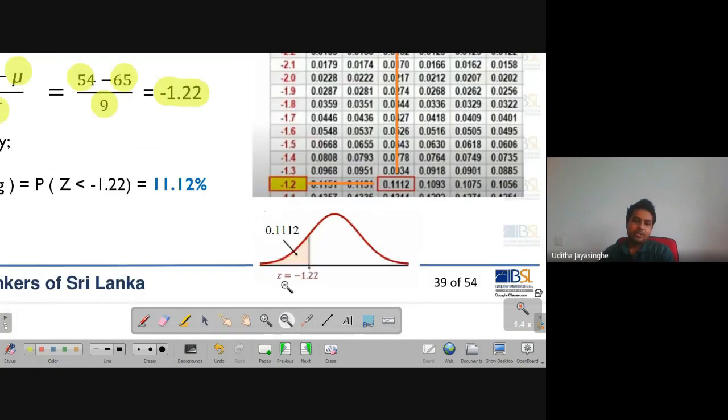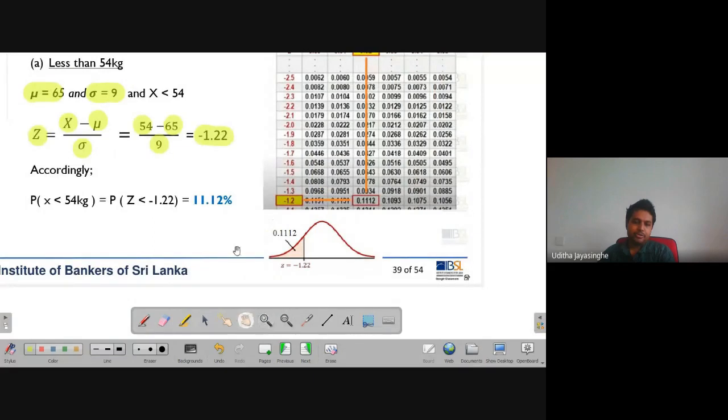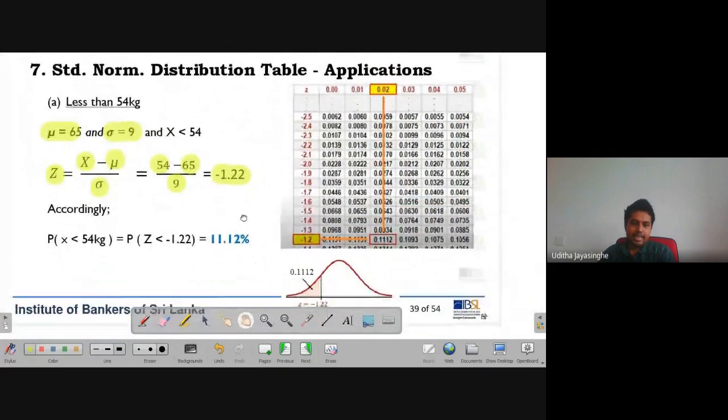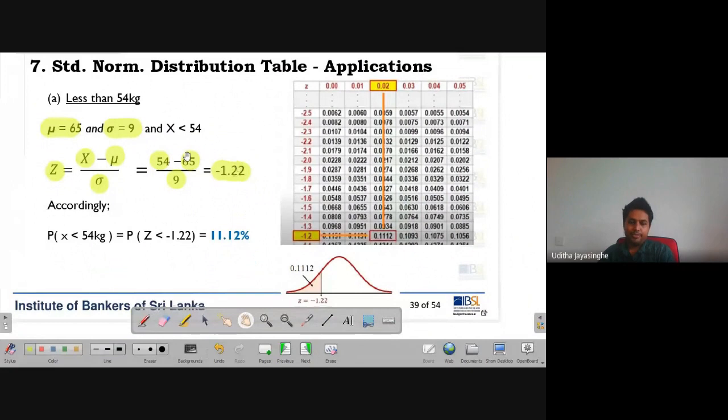So now let's focus on the question. The question is going to ask you less than 54. 54 is here, the corresponding Z value is negative 1.22, and we got the area under the curve as 0.1112. That's the probability.